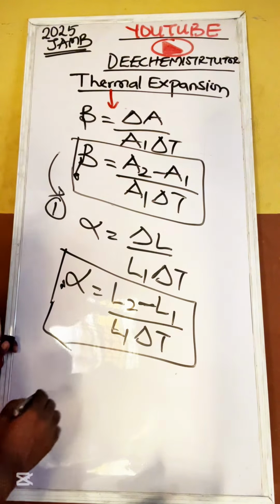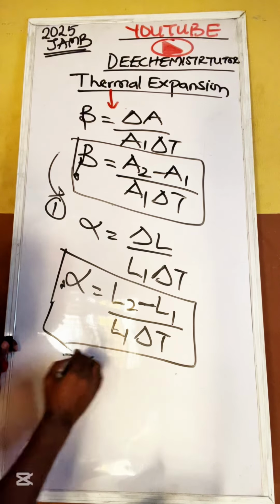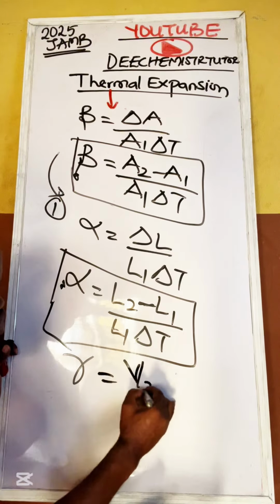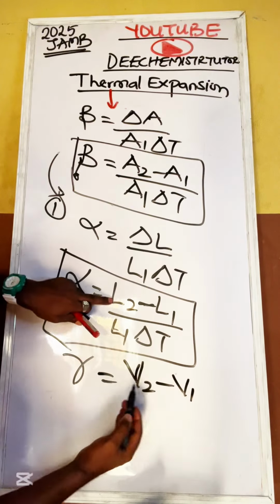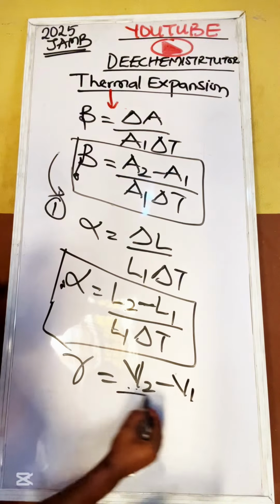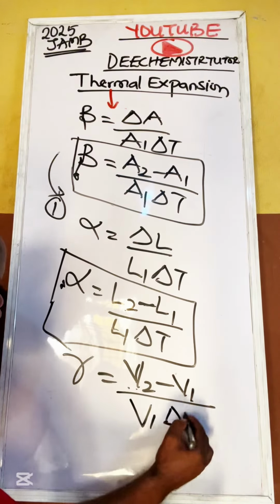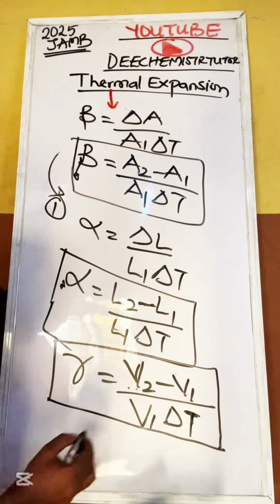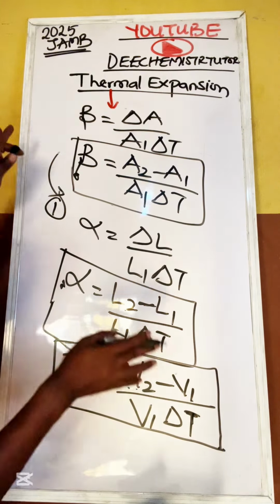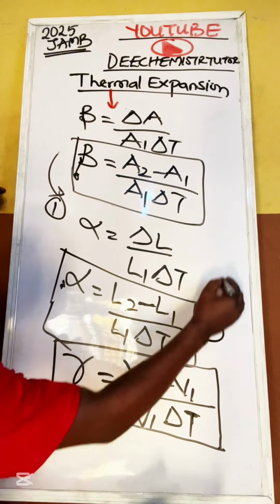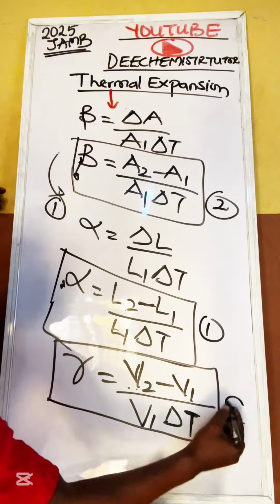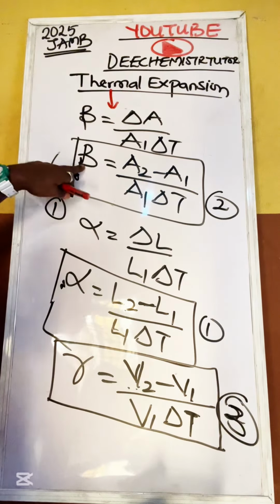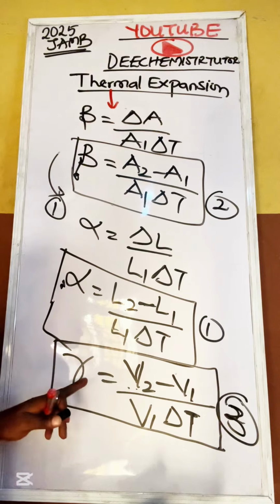Then the last one, volume expansivity, is denoted with this sign, given as V2 minus V1 all over V1 times the change in temperature. So easy, very easy. That means what you see here is equation 1, equation 2, equation 3, based on the expansion. This is for linear expansion, this for area expansion, and this for cubic or volume expansion.